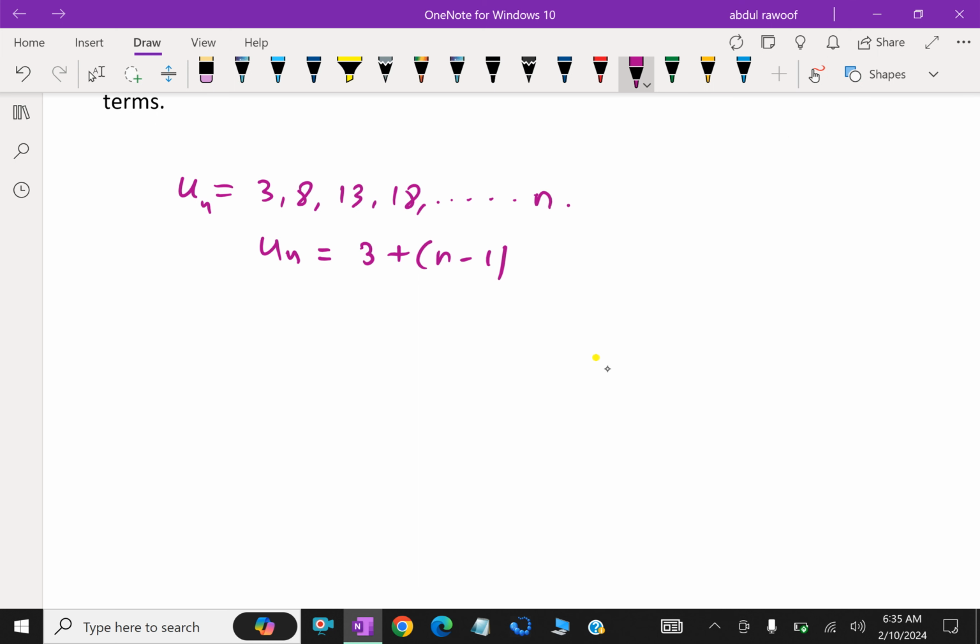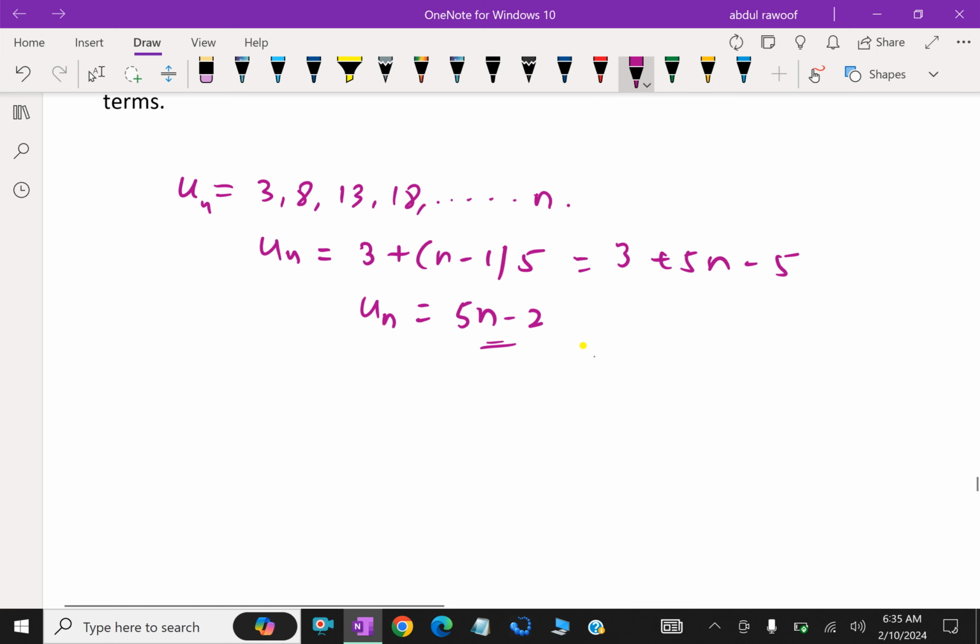The common difference is 8 minus 3, which is 5, which means 3 plus 5n minus 5. Therefore, un can be written as 5n minus 2. That means we found the nth term.